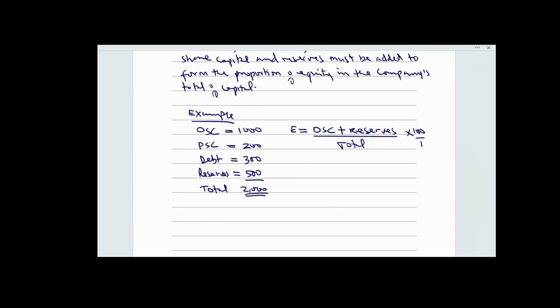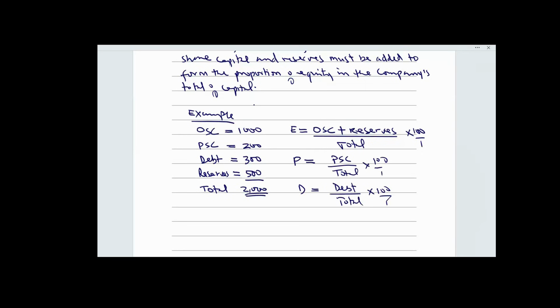So the proportion of the preference share also will be preference share capital divided by the total. The proportion of the debts will be the debts divided by the total, multiplied by 100 over 1.